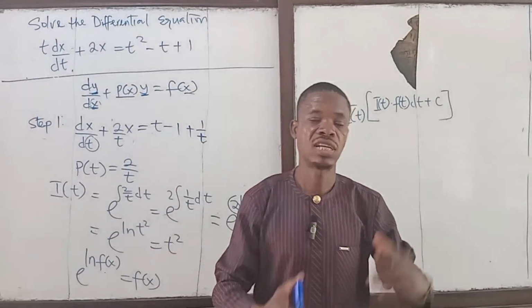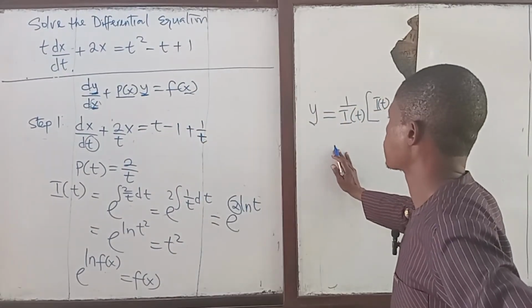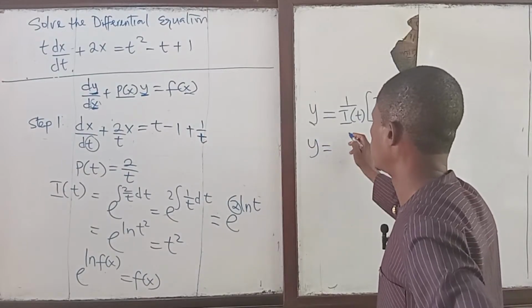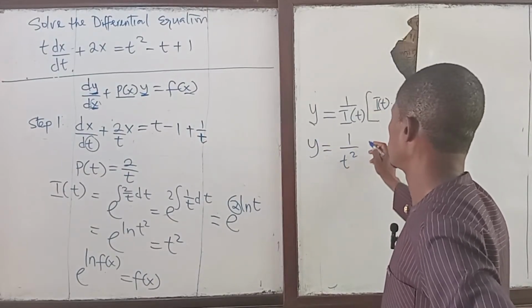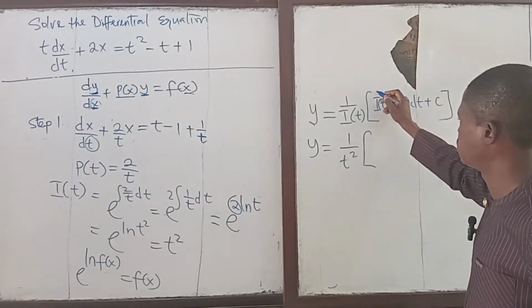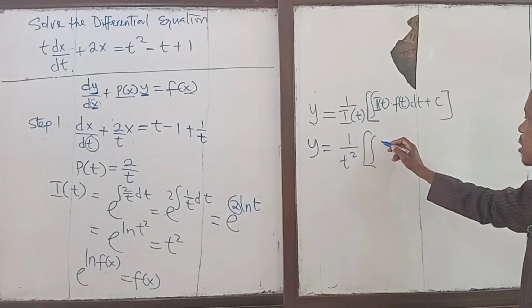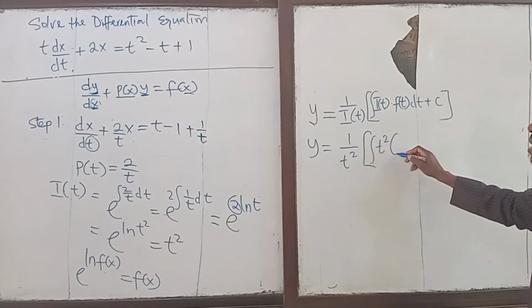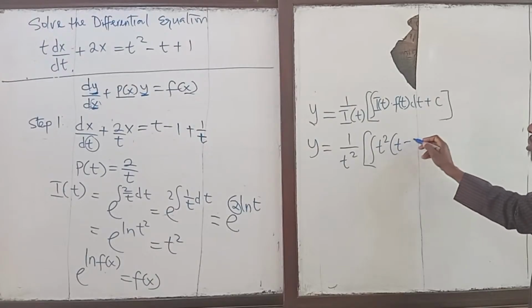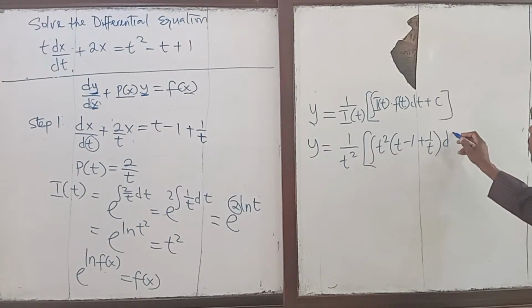So we're going to have y equal to 1 over t squared. Don't forget your integral sign here. The integrating factor is t squared, F of t is t minus 1 plus 1 over t, dt, and then plus c.